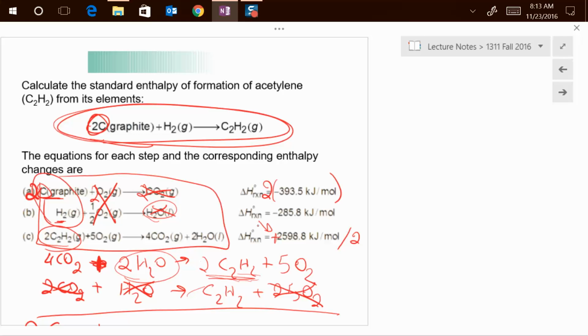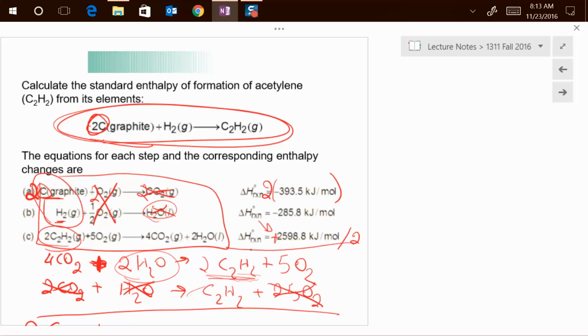And then what we would need to do in the end is simply take everything here and add it together. Oh, the other thing we did is we divided by 2 this one. We only needed 1 C2H2. We had 2 of them, so we divided this reaction by 2, and we were able to get 1 C2H2. And so we had to divide the energy by 2 as well.